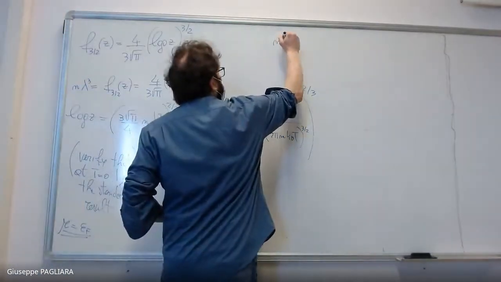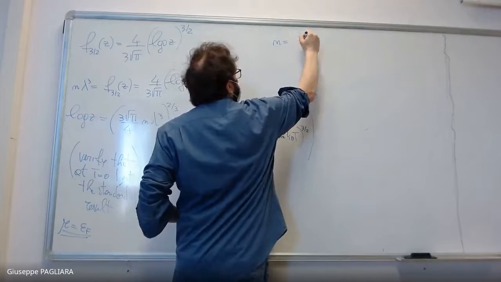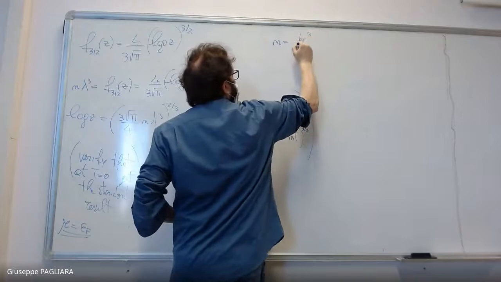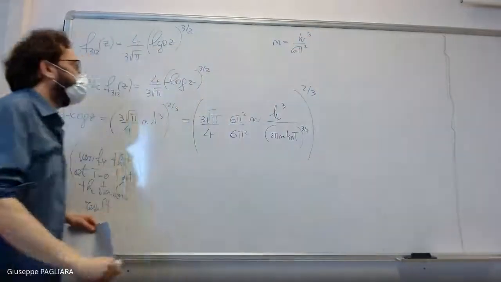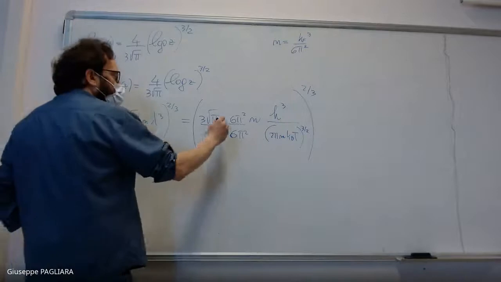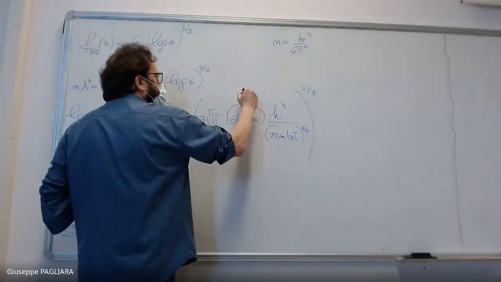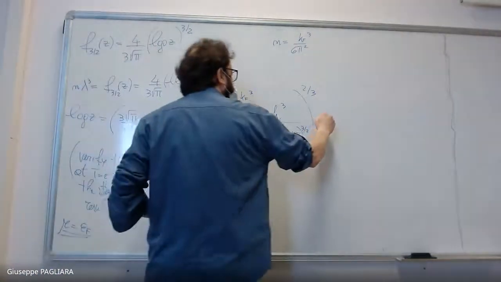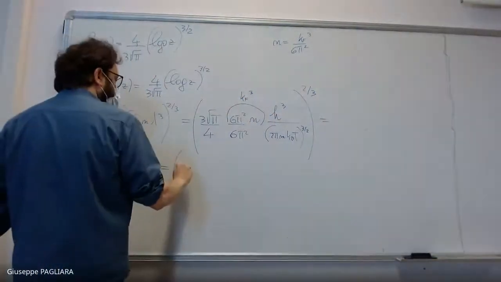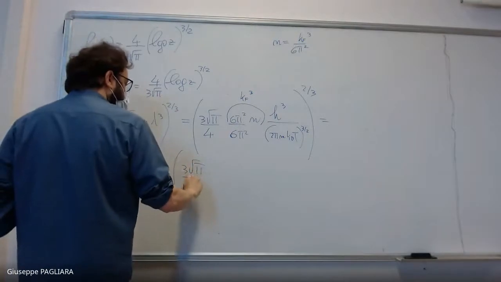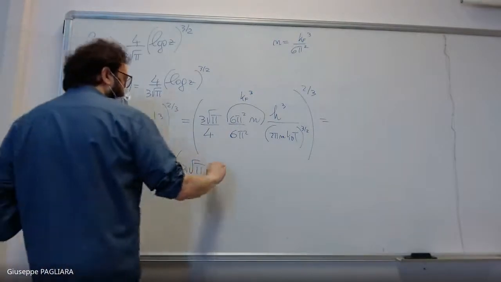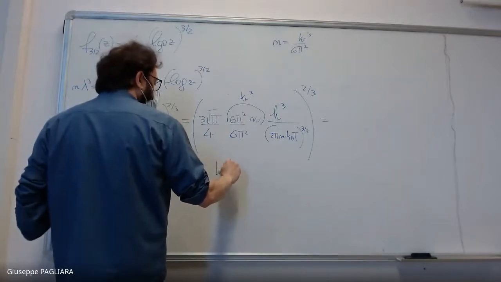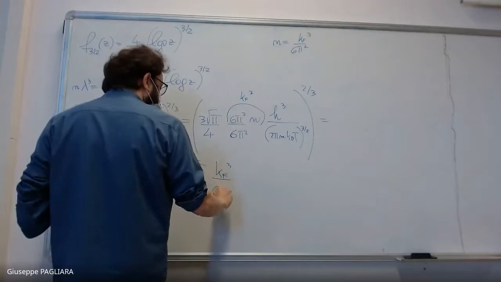Now remember that n is equal to kf cubed divided by 6 pi squared. Therefore, this quantity here is just kf cubed. Okay, so this is equal to 3 square root of pi divided by 4, and I have a kf cubed divided by 6 pi squared.